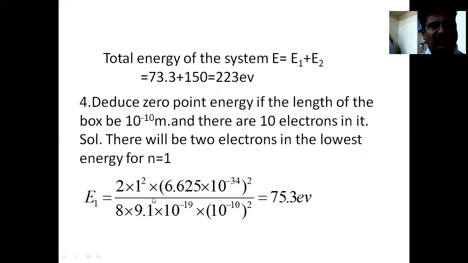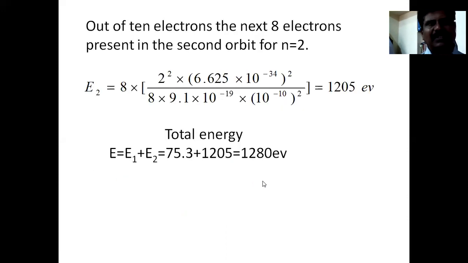So again you have to substitute all the values. The number of electrons is 2, the first orbit is n is equal to 1, the Planck's constant is this much, and 8 m L square. After inserting all these values, again you are getting 75.3 electron volts. But in the second orbit, out of 10 electrons, 2 electrons are located in the first orbit, and the remaining 8 electrons, since the second orbit has the capacity to hold 8 electrons, can be present in the second orbit for n is equal to 2.